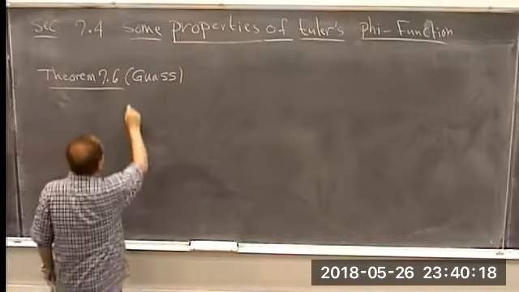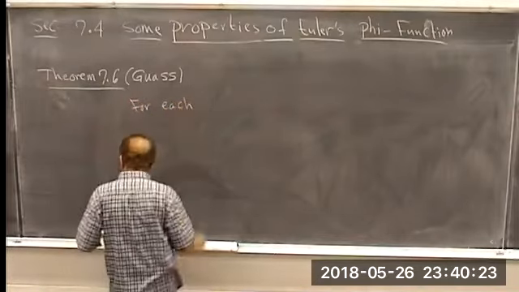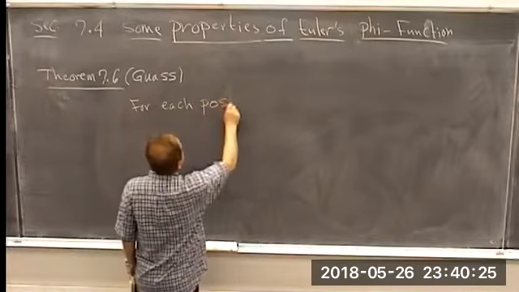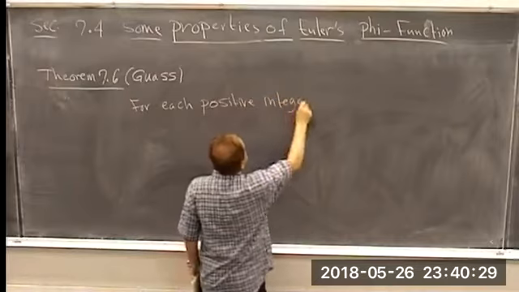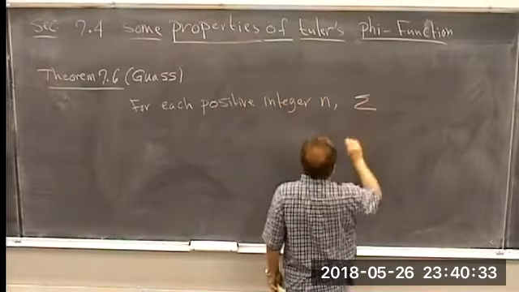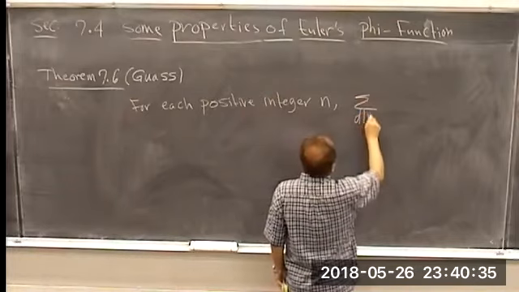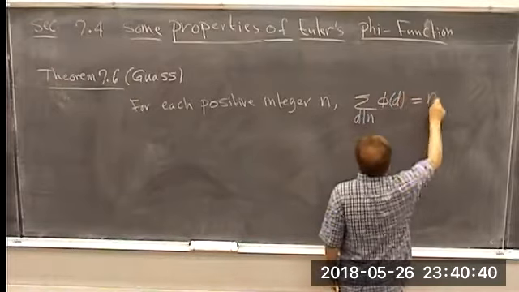For each positive integer n, we have the sum over d dividing n of phi(d) is equal to n.